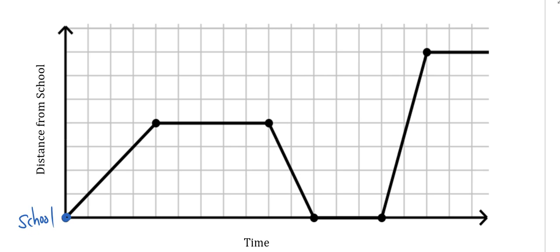If my distance from school is 0, I'm at school. This has a grid on it. So 1, 2, 3, 4, 5, 6, 7, 8, 9, 10, 11. What is that? 11 seconds, 11 minutes, 11 hours? We don't know. So that's not important for this question.